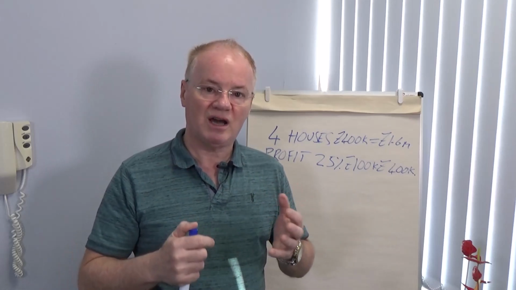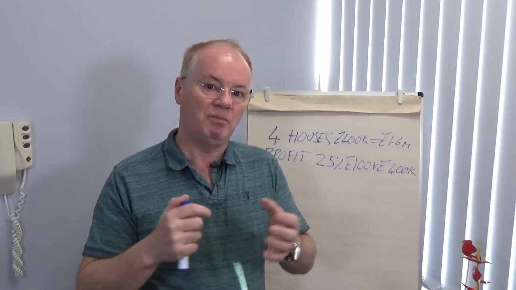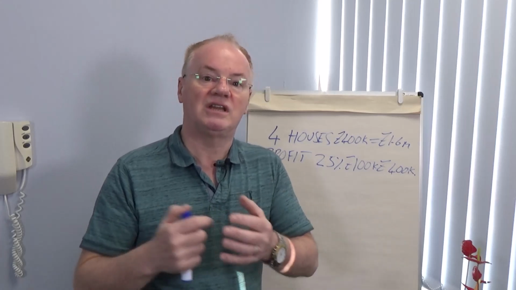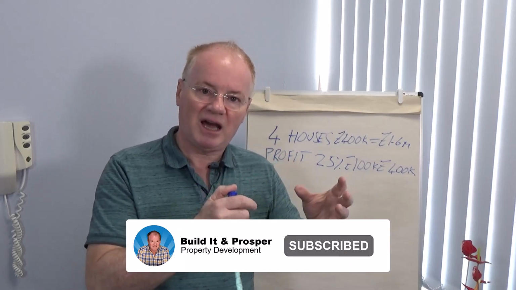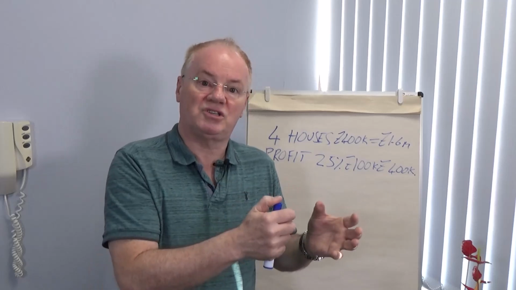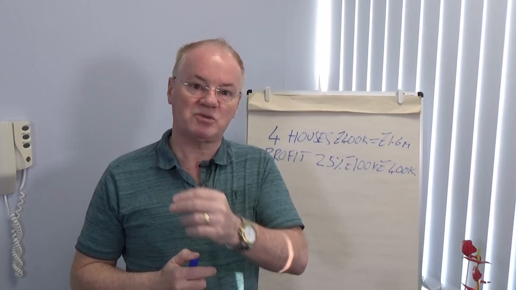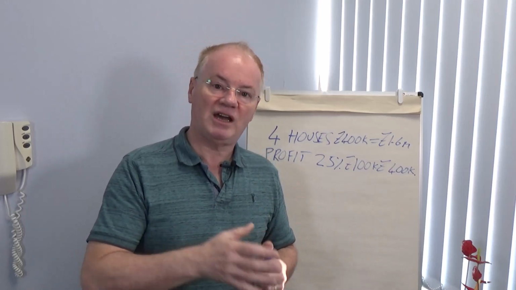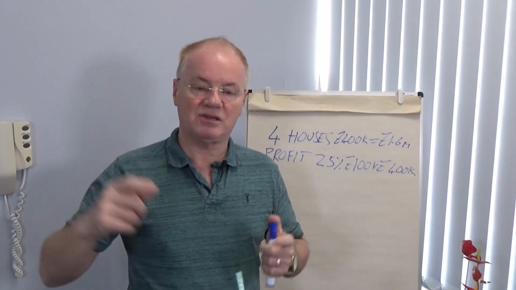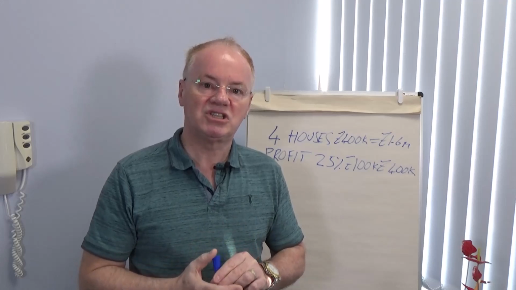Because if you build a house of 300 square meters and you have 3 bathrooms in it, and you build a house of 150 square meters and you have 3 bathrooms in it, then you've got a higher cost of bathrooms proportionately to the smaller house than the larger house, albeit that the larger house may have a higher specification, but significantly the value of those items go down as the size of the house goes up. So there's many factors that you need to be able to consider in there.